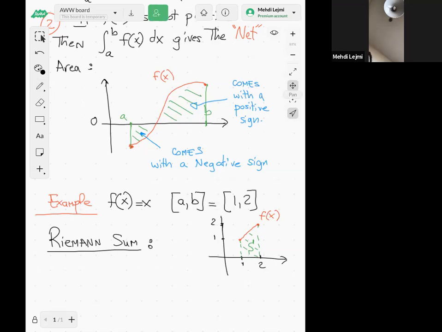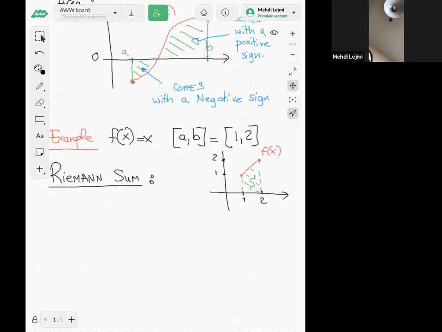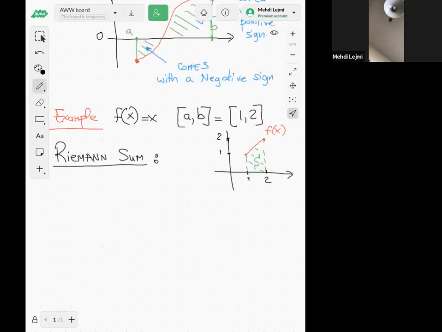We said the area of S would be equal to the limit as n goes to infinity of the sum over i going from 1 to n of f of x_i delta x.